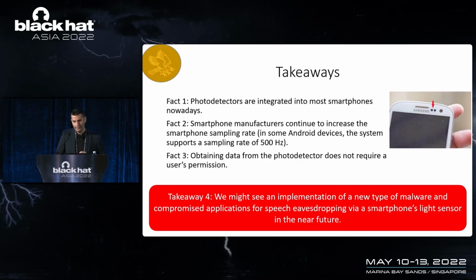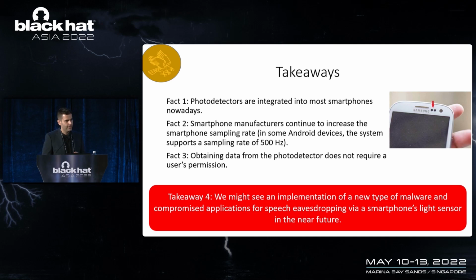There are also 3 interesting facts that I want you to take into account. First of all, photodetectors are integrated into, I would say, all of the smartphones nowadays. Each and every one of you has a smartphone with an integrated photodetector. Moreover, smartphone manufacturers continue to increase the sampling rate of the integrated sensors.